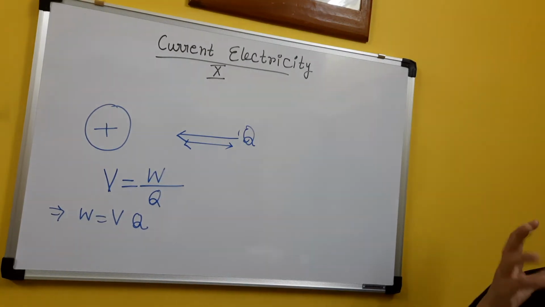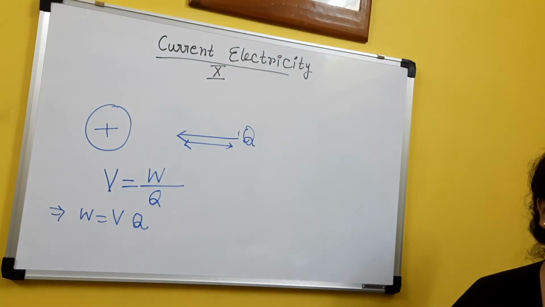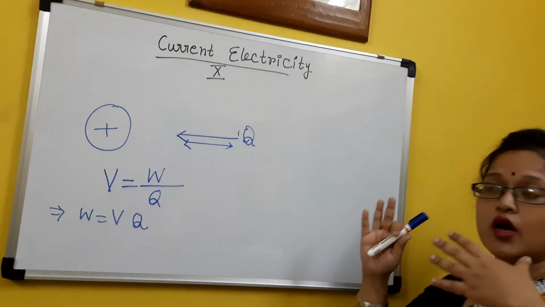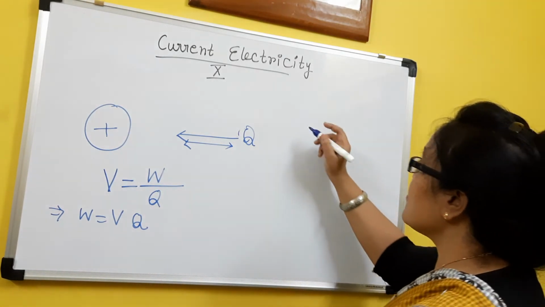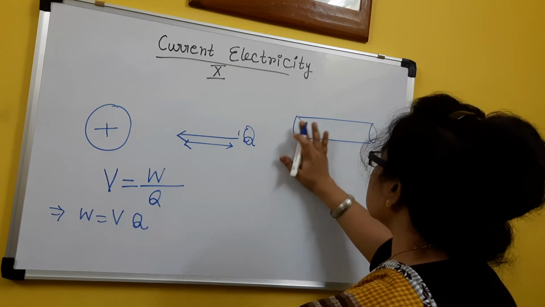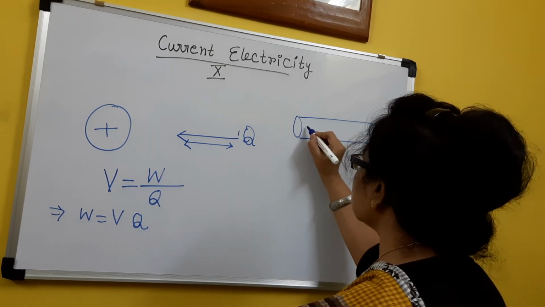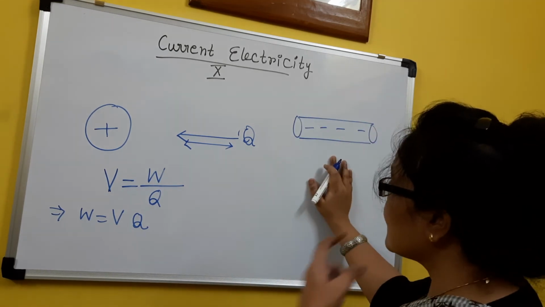Now, after the discussion of potential, we are going for potential difference. So what is potential difference? If I am within an electric field, I am doing some work to bring one charge from one point to another point. Just recall this diagram. I have this conductor, and when charge is flowing, suppose negative charge is flowing, it has an electric field. Clear?